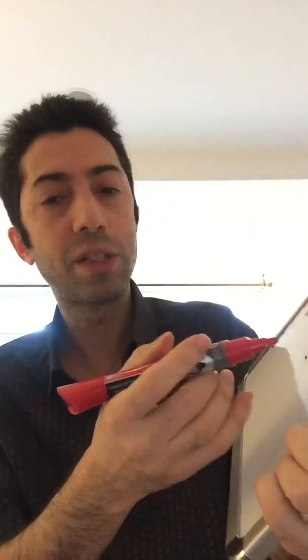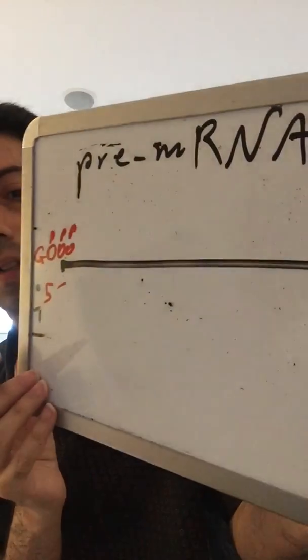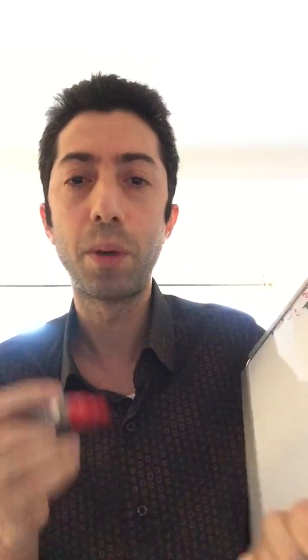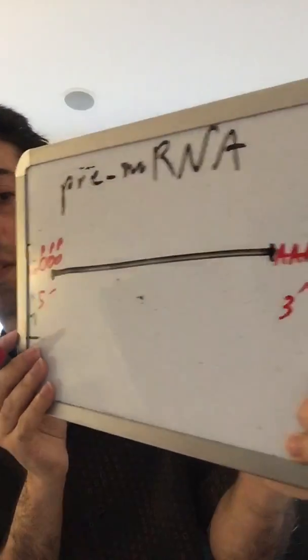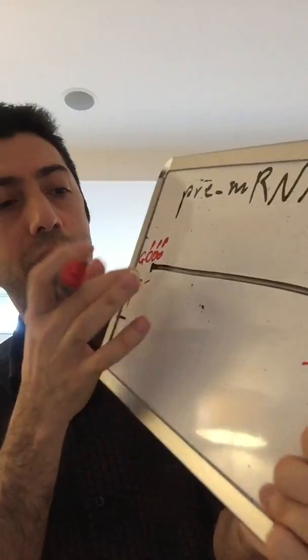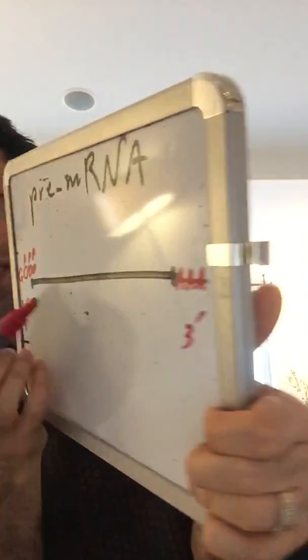And when the transcription is almost finished, at the 3' end, something will be added by the name of poly-A tail. A lot of adenine will be added to this side. Okay, so these two will be added. This one at the beginning, and this one at the end.